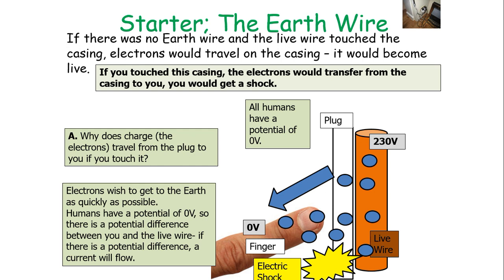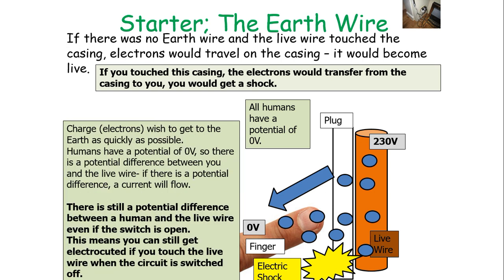Now, the live wire, and therefore the plug, if it's touching the live wire, has a potential of 230 volts. So there's a potential difference between you and the live wire. And there's a rule that if there's a potential difference between 2 objects in contact, a current will flow. It's a fact that you've just got to remember that all humans have a potential of 0 volts.